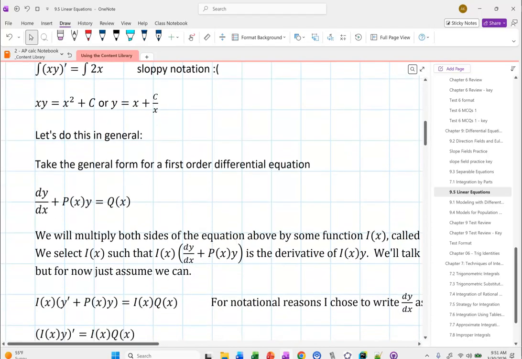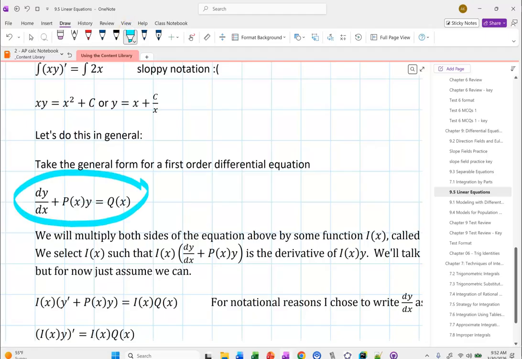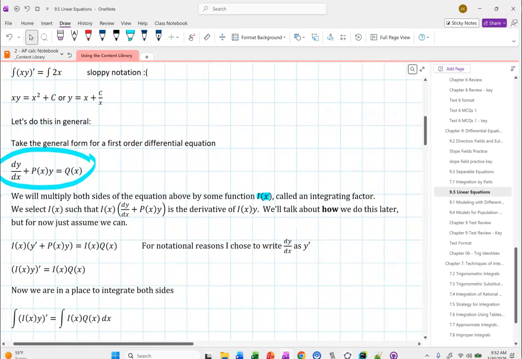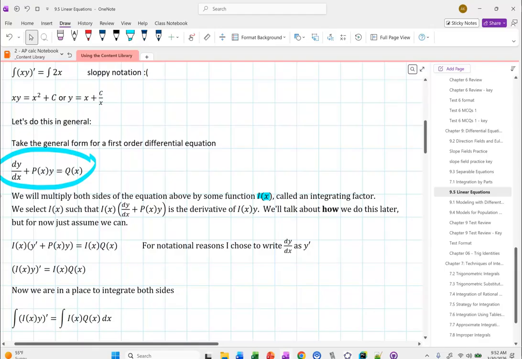Well, if I have just some linear differential equation, what I want to do is multiply both sides of this by some function. We're going to call that function I of x, and we're going to refer to I of x as something called an integrating factor. We're going to pick that I of x so that when I multiply it by the left-hand side, that left-hand side will just be the derivative of I of x times y.